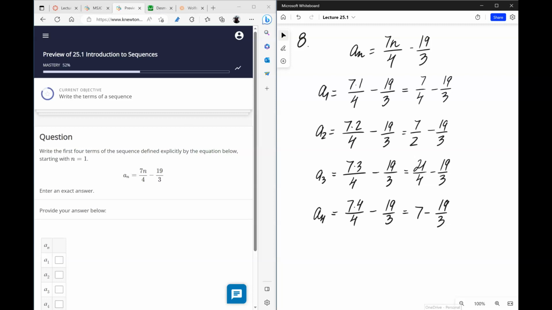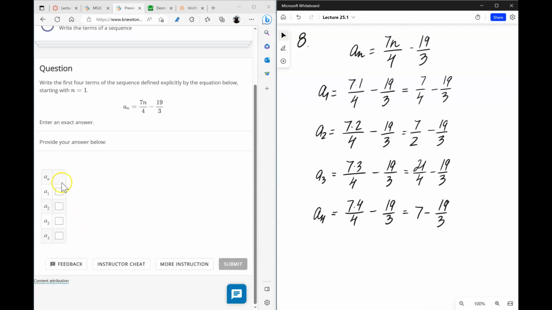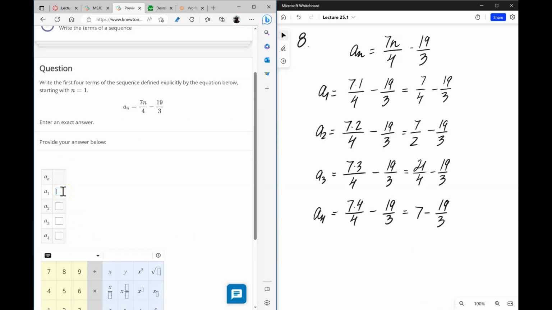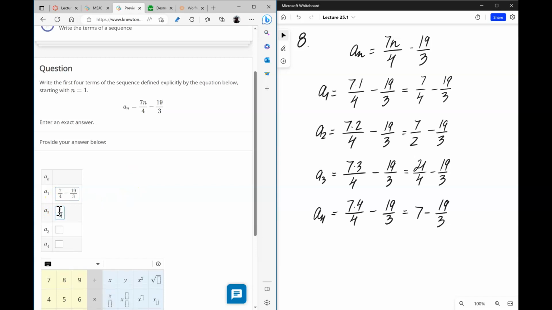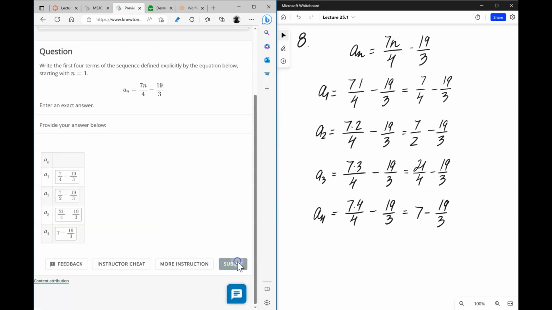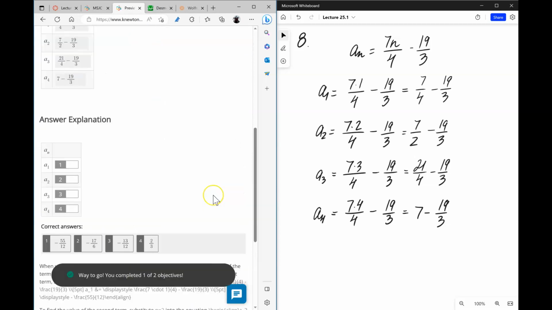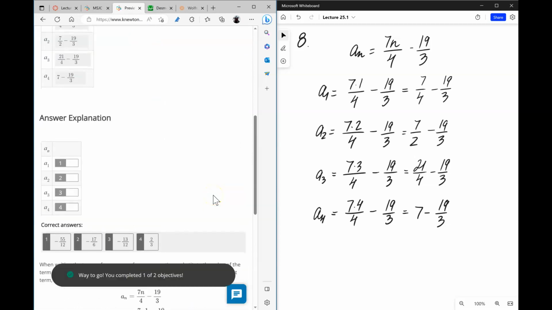What if I don't even try to simplify it? What will happen? Good enough.